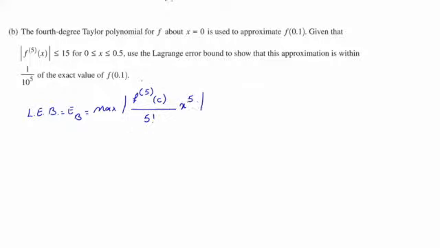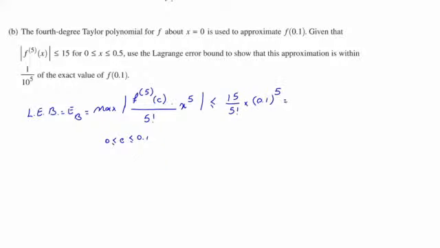And we know that c is from 0 to 0.1, because it is about x equals 0, and the point we are working on is 0.1. And here we know from 0 to 0.5 it is at most 15. So it is at most 15 over 5 factorial times 0.1 to the power of 5.